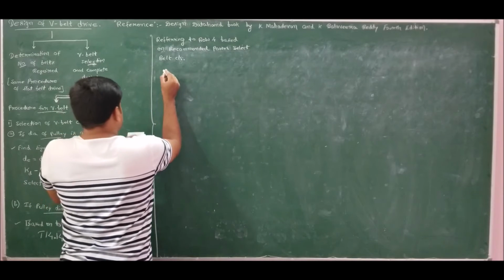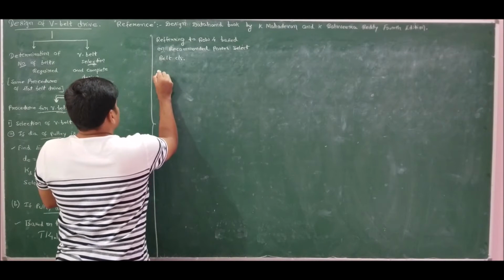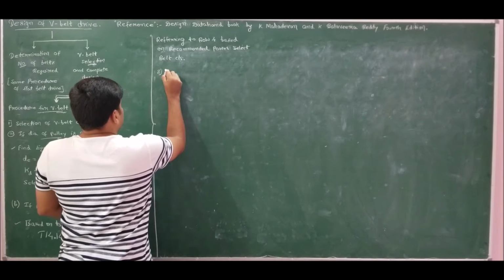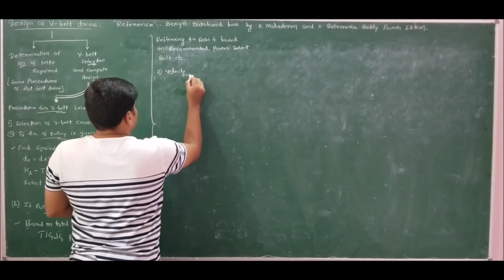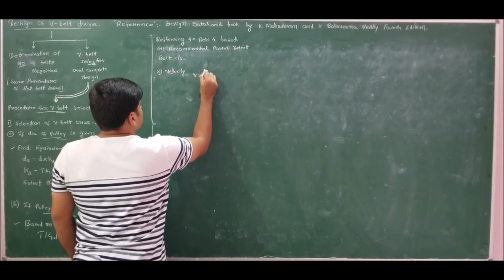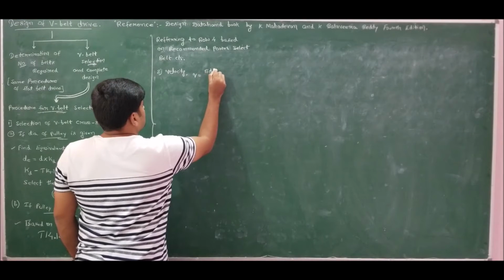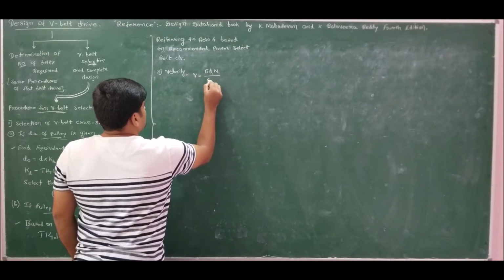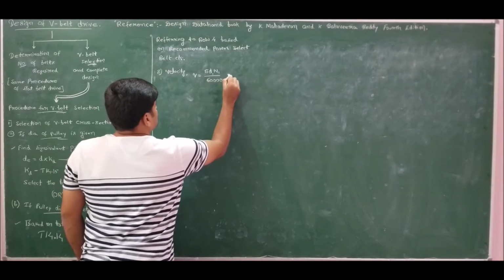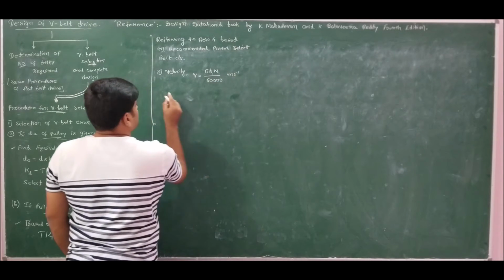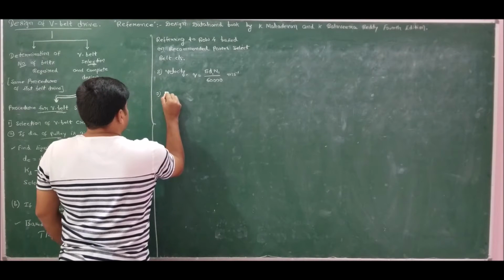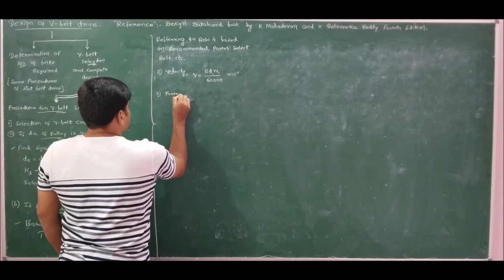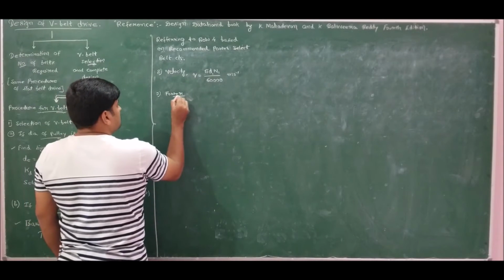Once you select the belt cross section, step 2 is to find the velocity. You already know velocity V is given by pi d1 n1 by 60,000 meters per second. Next, in step 3, find the power, that is the maximum power that can be transmitted by the selected belt.